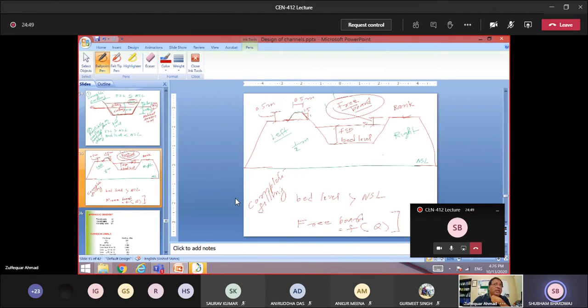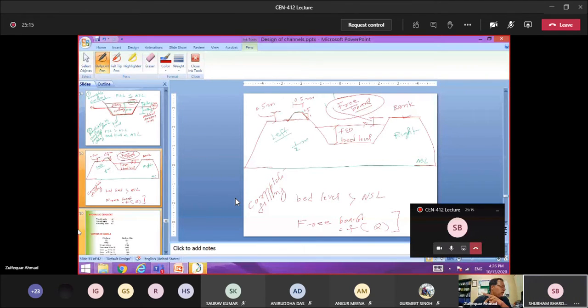This is the difference of the road level and the full supply level. It's not road level. Again, I want to tell you, this is not a road level. This is the minimum level of either of the two banks minus the full supply level.